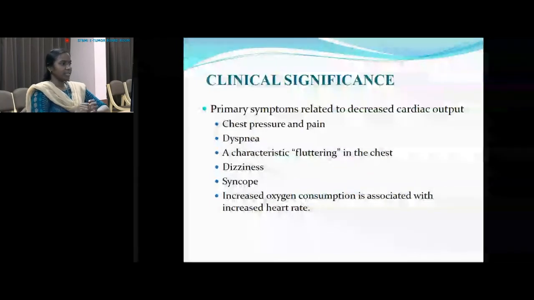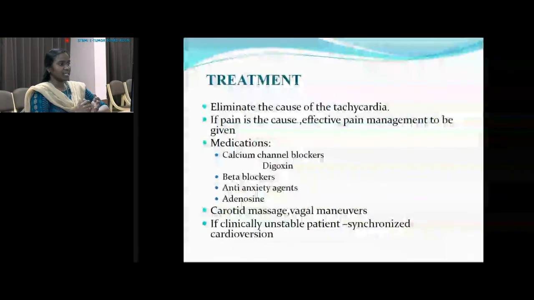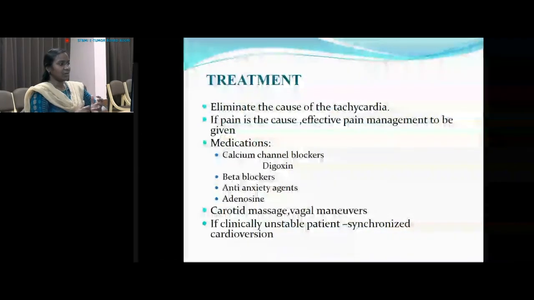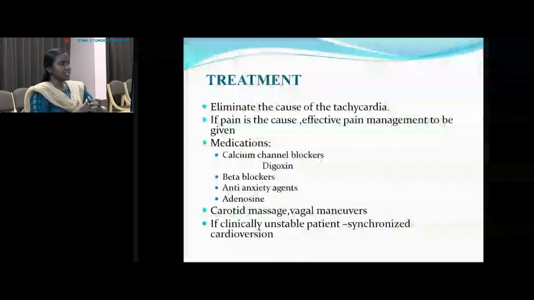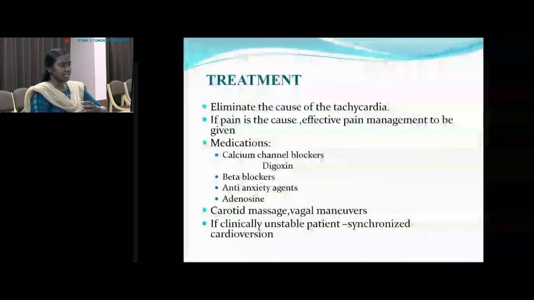Treatment. First, we need to identify the cause or etiological clinical association which leads to tachycardia. If we find that stress or pain is the cause, effective pain management should be given, and stress-reducing management should be applied to the patient, and we can incorporate relaxation techniques.